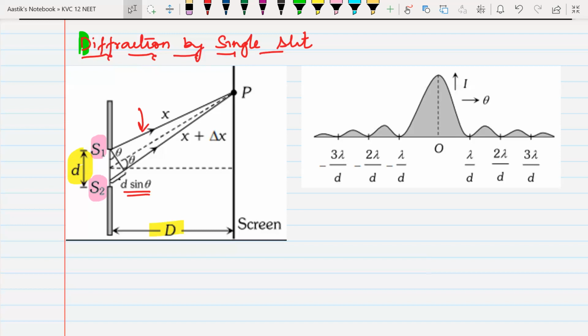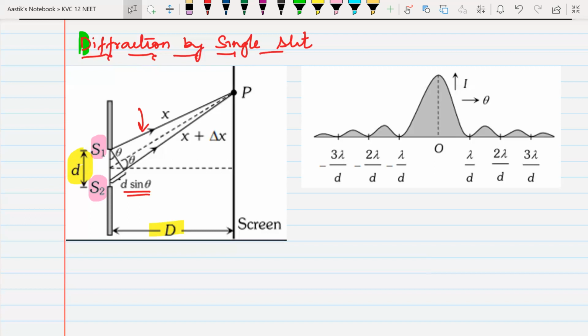You can see this is the angular width, 2 lambda by d. So the width of your central maxima is 2 capital D lambda by small d, and the angular width, which we measure in terms of angle theta, is 2 times lambda by small d.